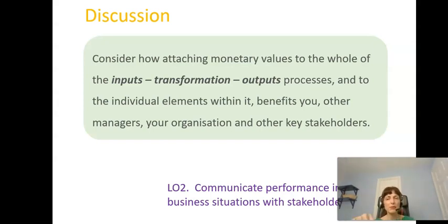But the reason why this is useful for understanding your stakeholders is that at each element, different stakeholders are involved. You've got your suppliers on the input side. We potentially need a good reputation for securing supply if we've only got limited suppliers in the marketplace. The transformation process, depending on the level of skill, will mean a different relationship with those stakeholders. If we need to get very skilled people involved in the manufacture, then the output is about how we get it to market.